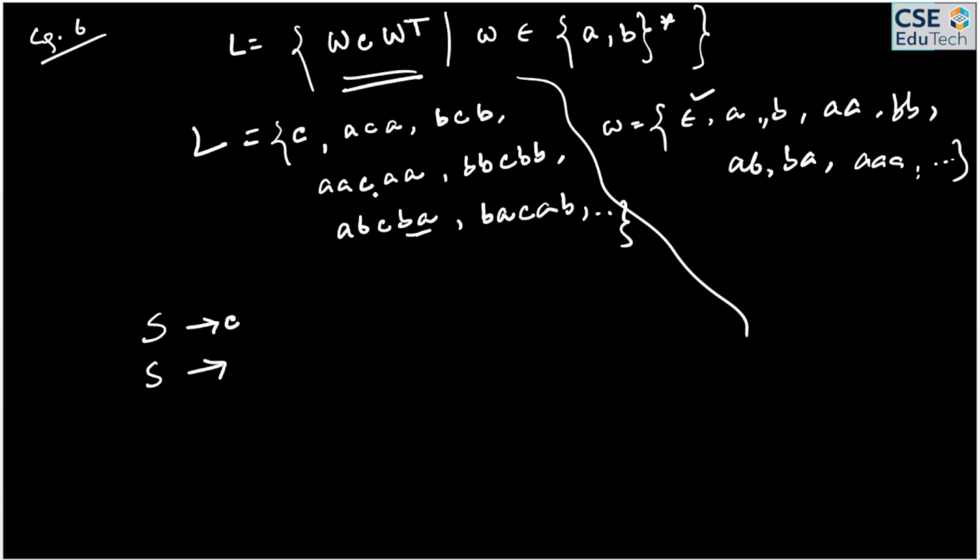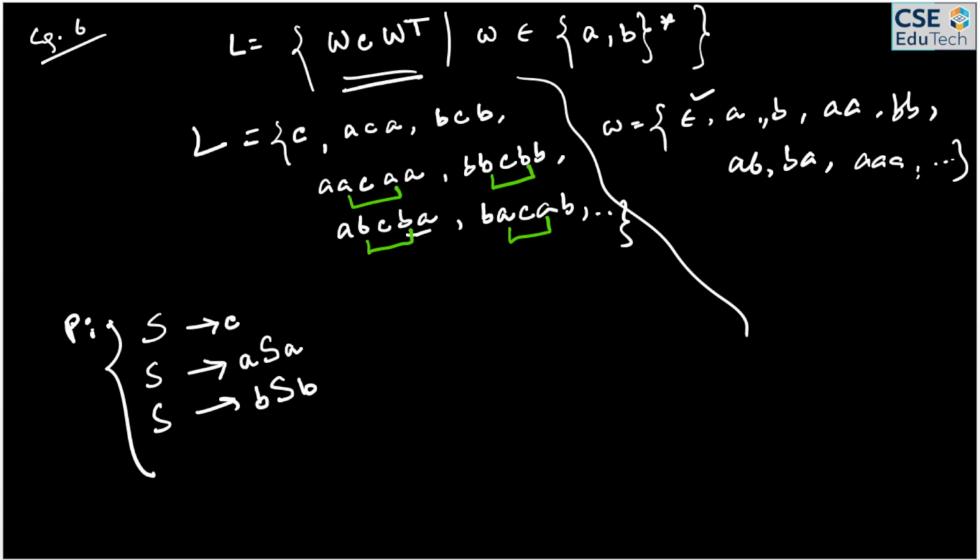Look, the same symbols are on both sides of c. If a, then we can write a S a, or another way, if there is b, then we have to write b S b. Right? These are basically the production rules for the grammar.